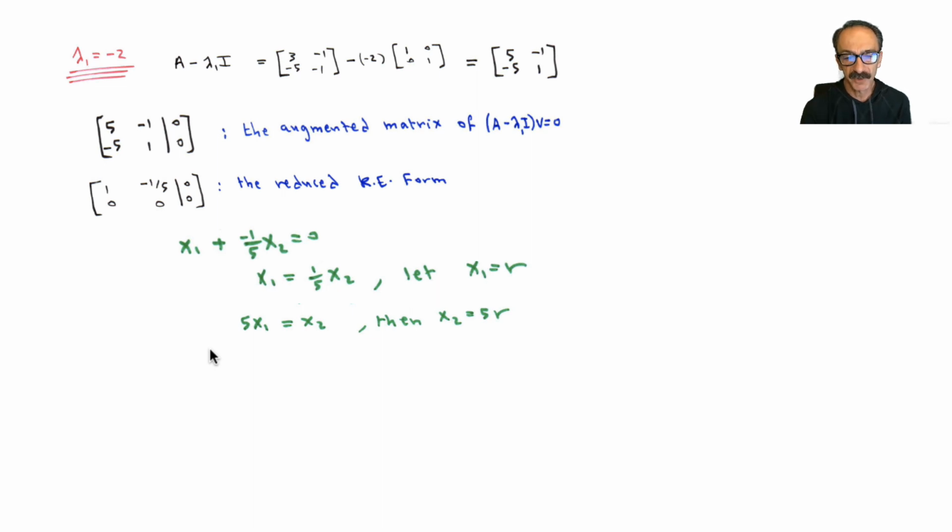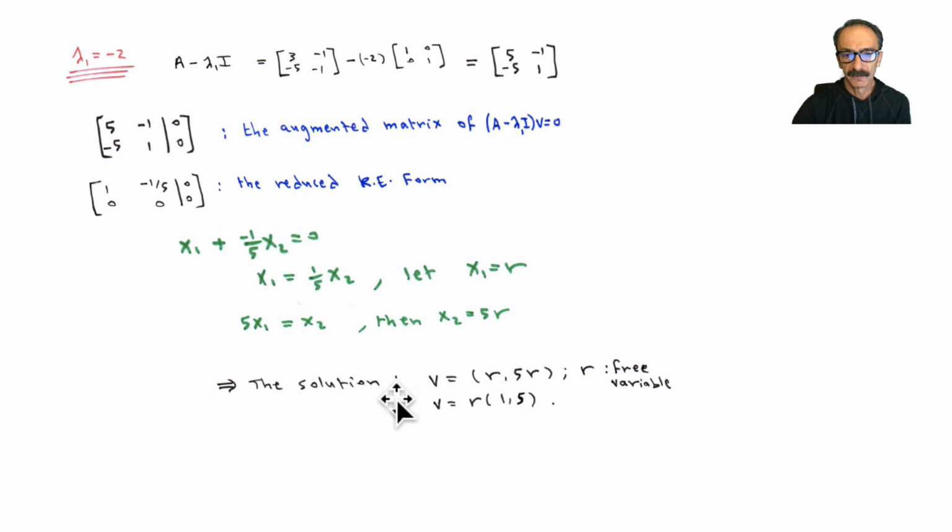So if x1 equals r, x2 equals 5r. The solution becomes v is r that we called for x1, and x2 is 5r, where r is a free variable. Factor r out to see the clear vector that sometimes we refer to as the basis.